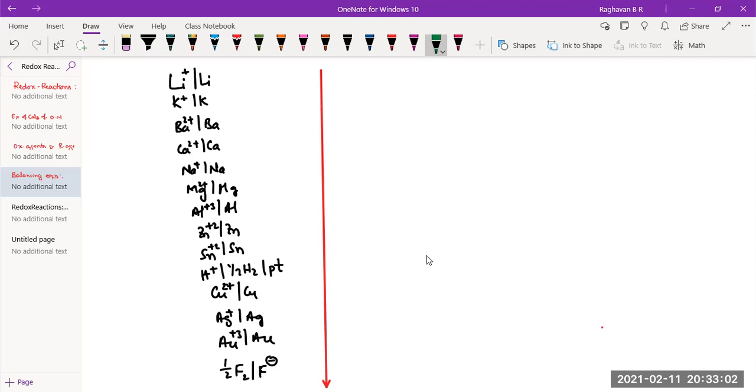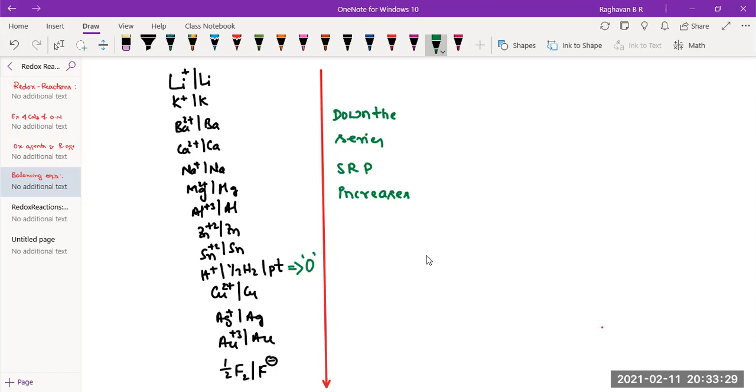So down the series, SRP values increase. Now, the reference point to divide this series into two halves is the hydrogen electrode. It is assumed to be 0 volt.